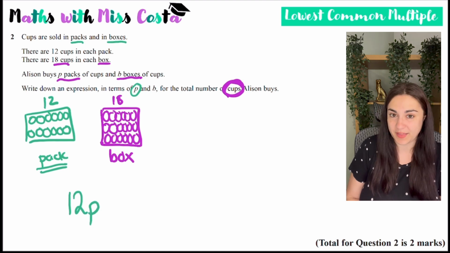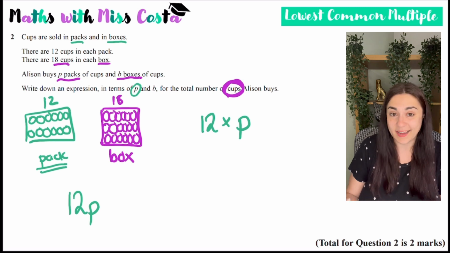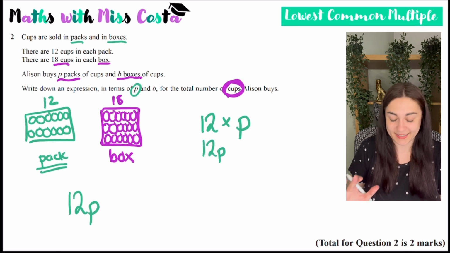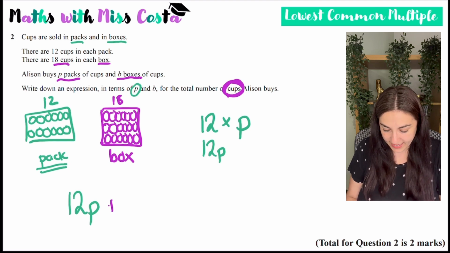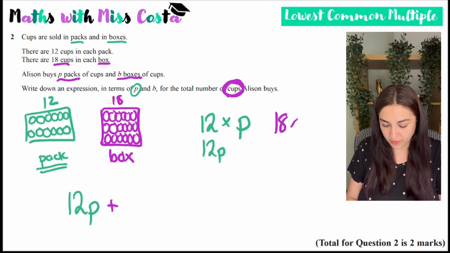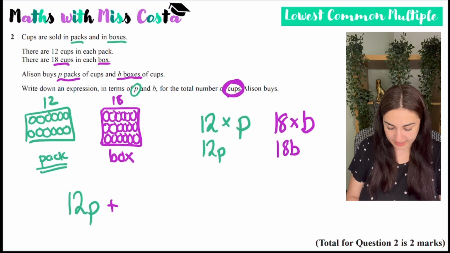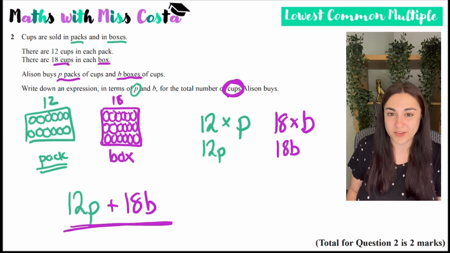So an expression for that would be 12p, because I'd be doing 12 times by the number of packs. And in algebra, we don't write the multiplication sign, we just put the number and the letter next to each other. And then for the boxes, there are 18 cups in each box. So however many boxes there were, I do 18 times by the number of boxes. So that would be 18b. So that would be my expression for the total number of cups.